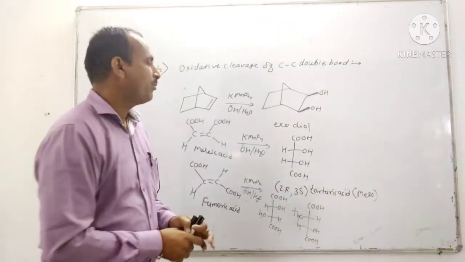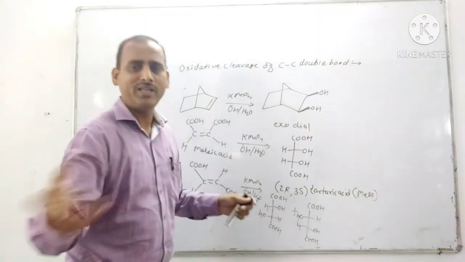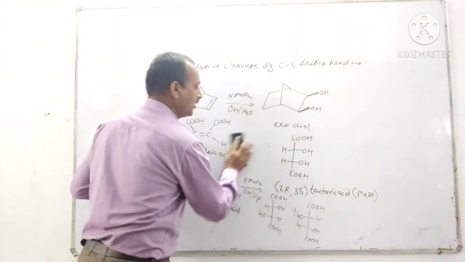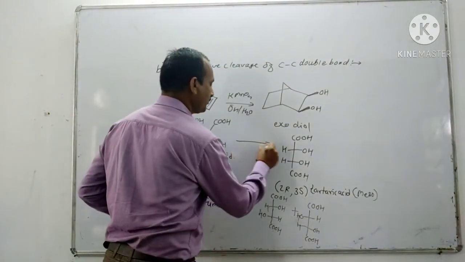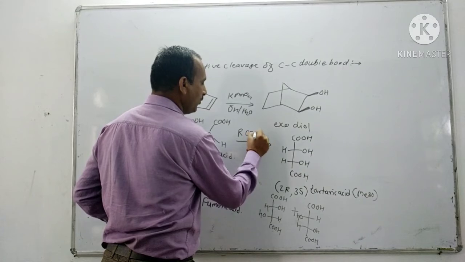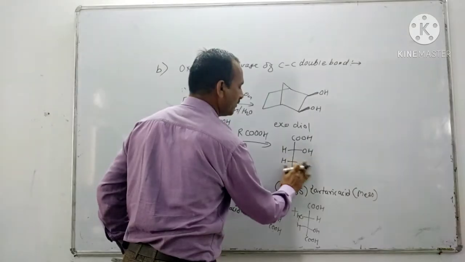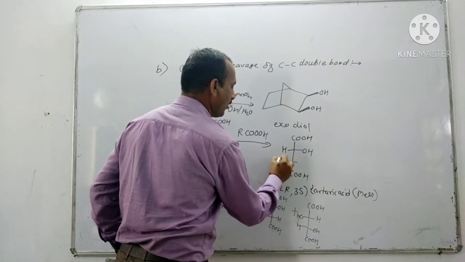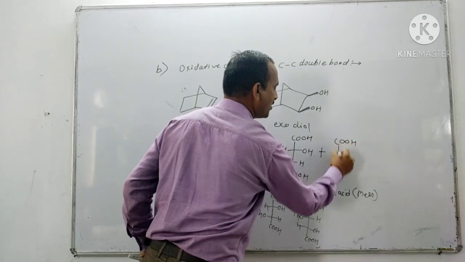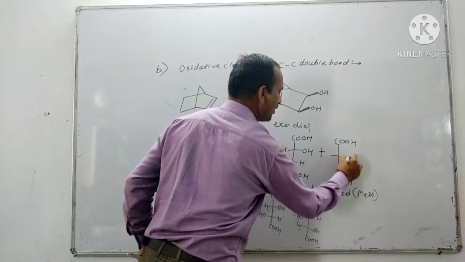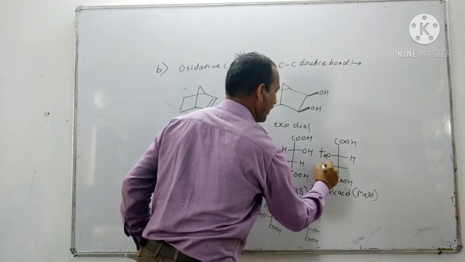So remember that by using peracid instead of KMnO4, let's write the examples. Instead of this KMnO4, if we write RCOOH peracid, then it gives OH plus COOH COOH OH, OH.